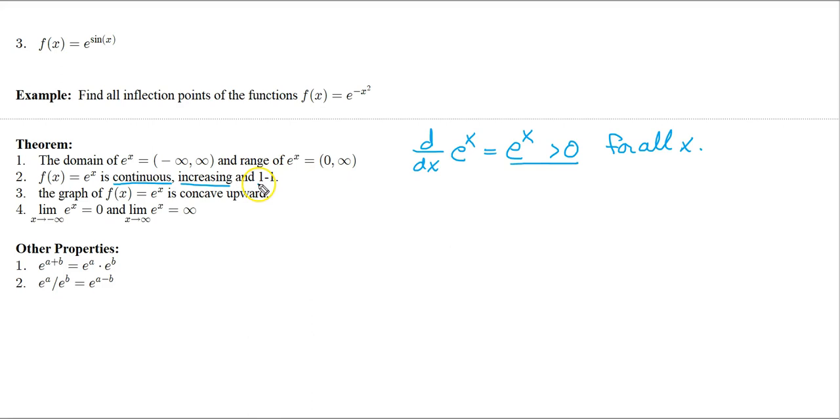And it is also one-to-one, because if we let e to the a equal e to the b, then we need to reason that a equals b. Well, if we take the natural log of both sides, this will then imply that a ln e equals b ln e.